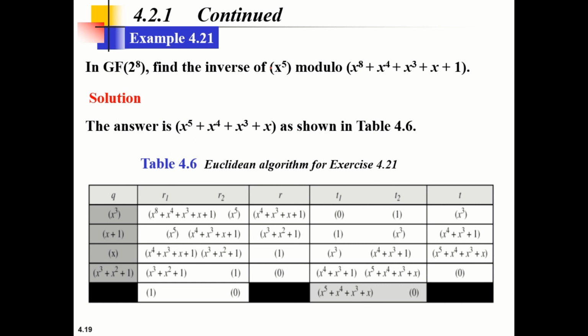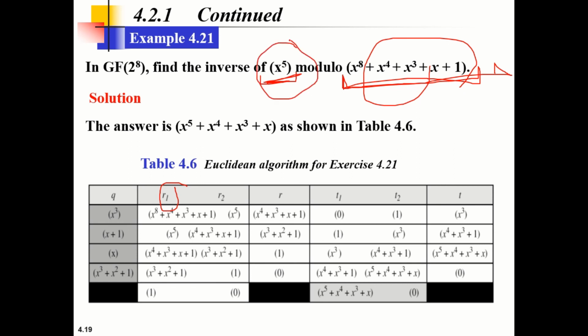So this is the given polynomial. Okay, this is the value of the divisor, right? Sorry, this will be the dividend. This will be the dividend and this will be the divisor. Okay, fine. Now this value will be r1, this will be r2.